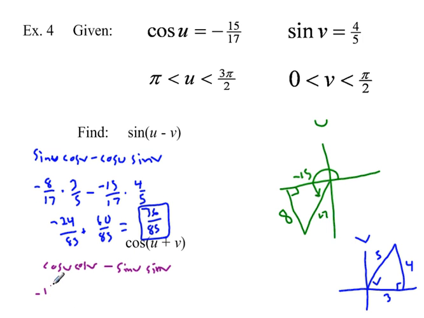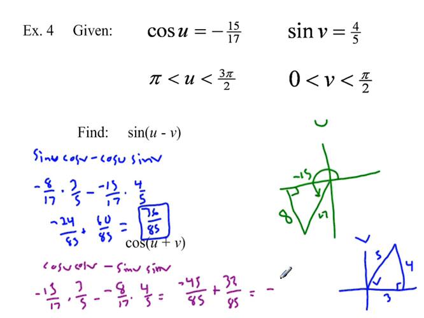So that's negative 15 over 17 times 3/5 minus negative 8 over 17 times 4/5, which is equivalent to negative 45 over 85 plus 32 over 85, which equals negative 13 over 85. So if we add these angles together, the cosine of that new angle would be negative 13 over 85.